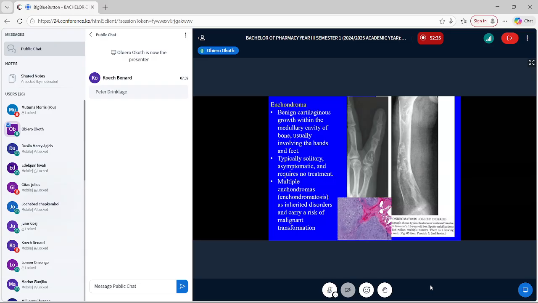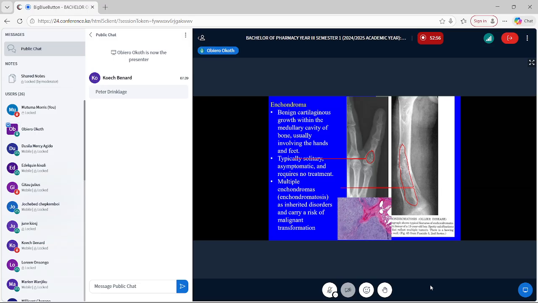Chondroma is just a cartilaginous tumor, but now it is inside the bone. And again, X-rays matter a lot in bone lesions. Anytime you're asked about the morphology of a bone lesion, it's good to throw in the X-ray features.